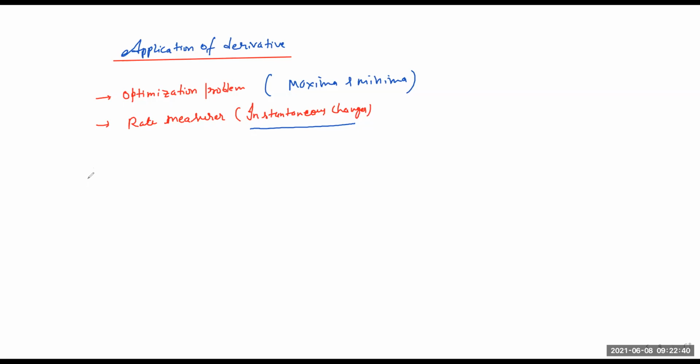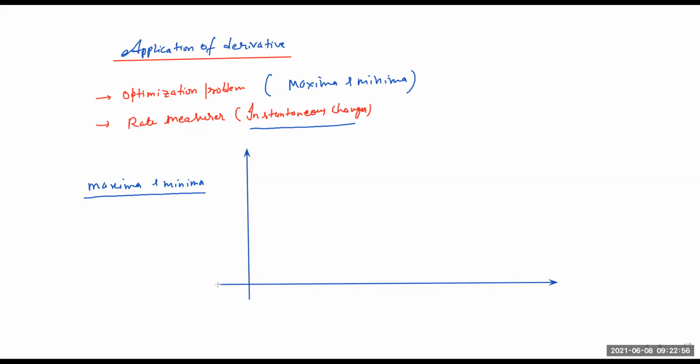So first of all, maxima and minima. We are going to learn maxima and minima. So let's plot something. Let's say we have some graph y equals f(x). y may represent the height of a person, and x is the demographic region.